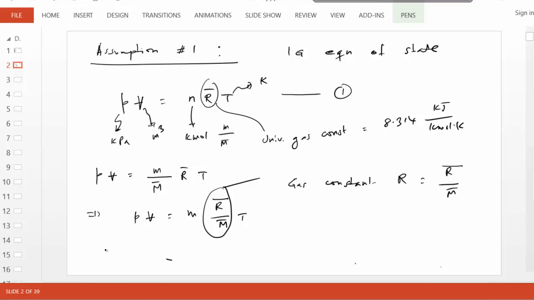So therefore, the form becomes PV equals mRT, the same equation expressed differently. This is our form number 2.